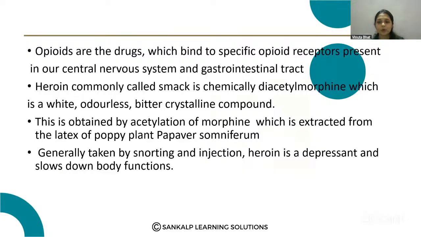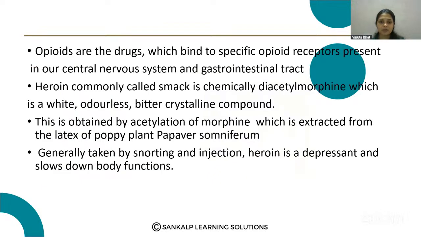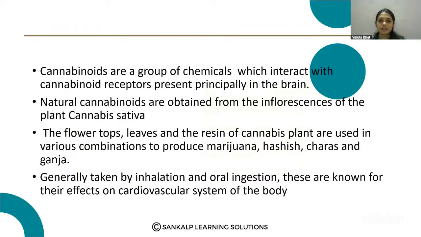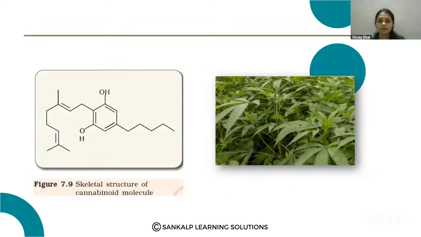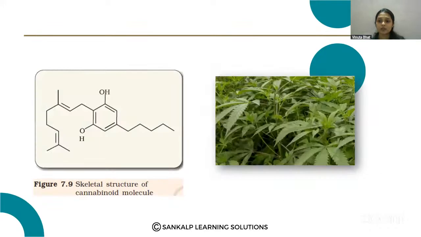Okay, so opioids are obtained from the poppy plant, Papaver somniferum, and the chemical name is diacetylmorphine. Then cannabinoids are obtained from Cannabis sativa, and different parts of these plants are also used as a drug.